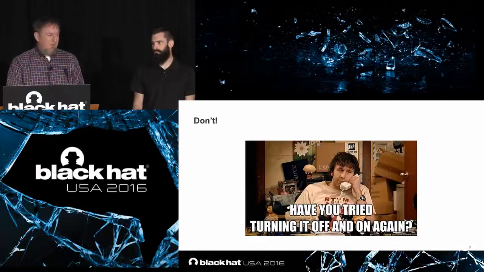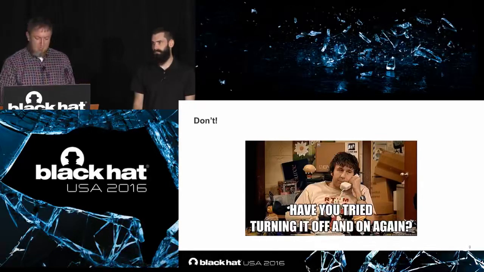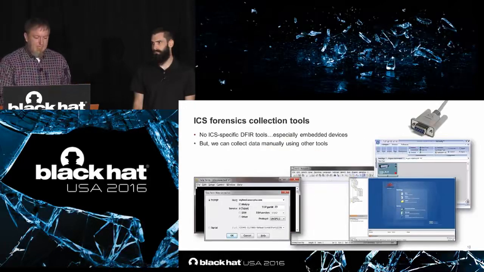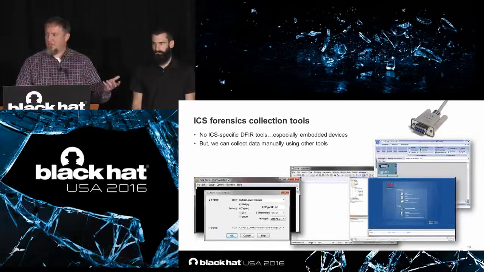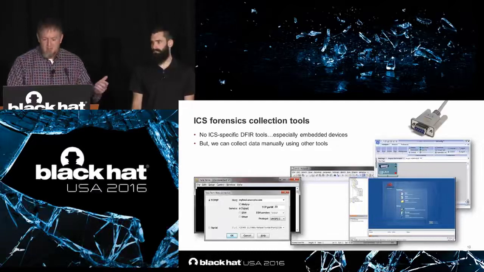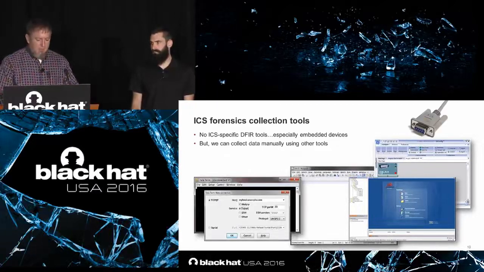And if you turn it off and on again, you might lose all that stuff that's in memory and all that good stuff that we want to keep and preserve. So how do we collect this data from control system devices if there's no DFIR tools like Volatility and Redline capability? Well, we have to use the tools that we normally use in the control system world.